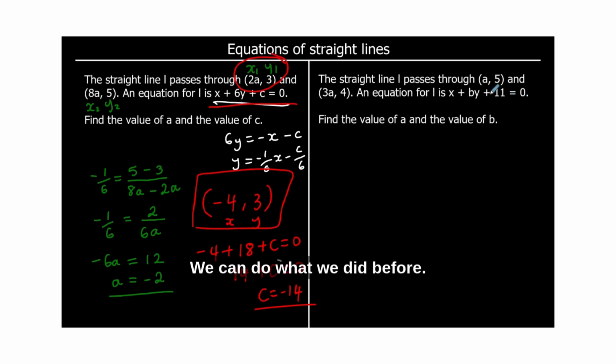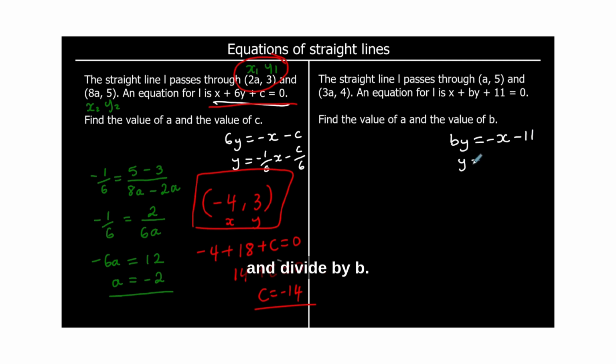We can do what we did before. We can find the gradient, but it's going to be in terms of b. So make y the subject, take away x, take away 11, and divide by b. So minus 1 over b x minus 11 over b. So the gradient is minus 1 over b.